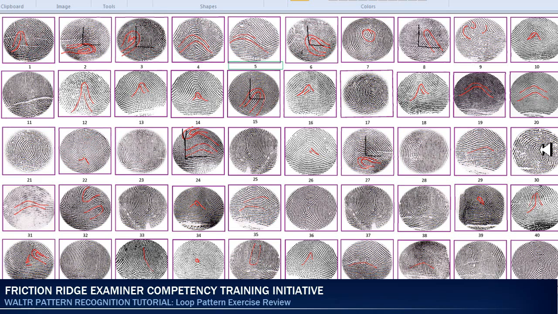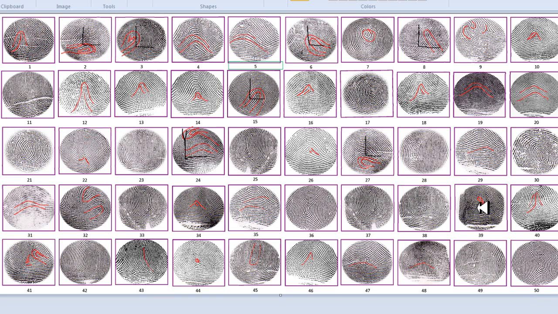28, 29, and 30, they are not loops. 31, 32, 33, and 34, they are not loops. 35, 36, 37, and 38, they are not loops. 39 has one looping ridge formation, and that is a loop. 40 is a tented arch. 41 is a loop. 42 and 43 are not loops. 44, I described seeing one very small looping formation, and I gave that a loop, but it also could possibly be a tented arch.